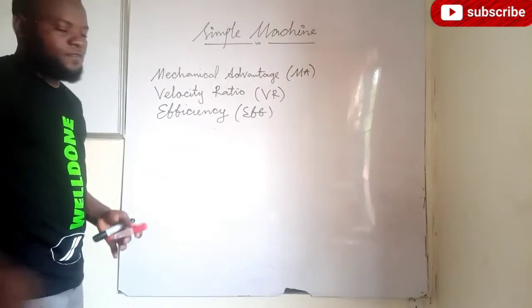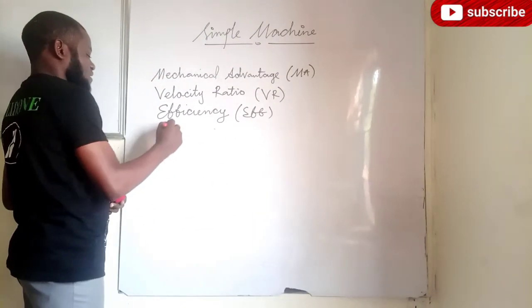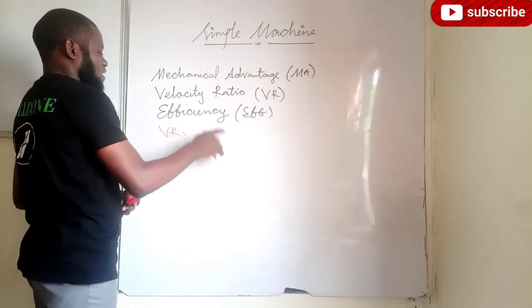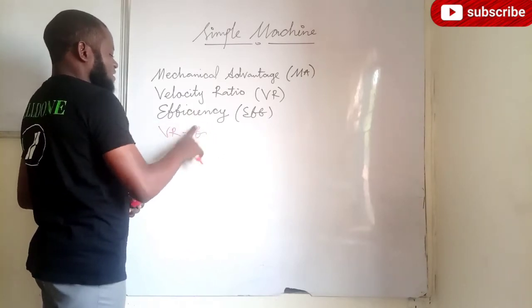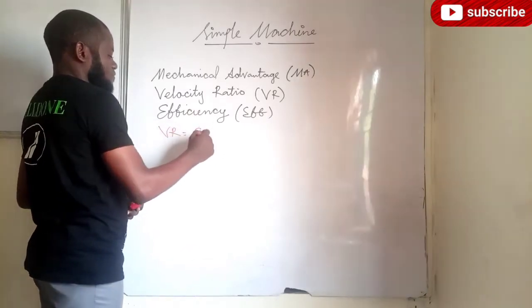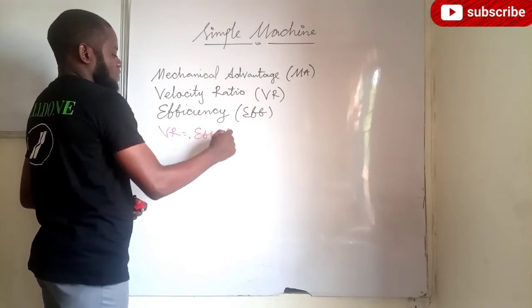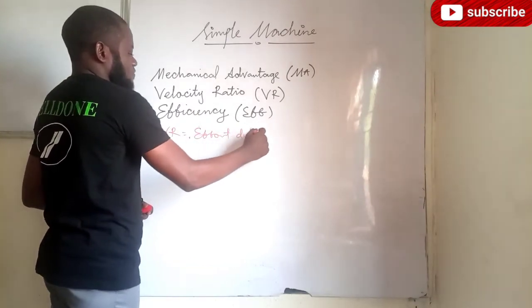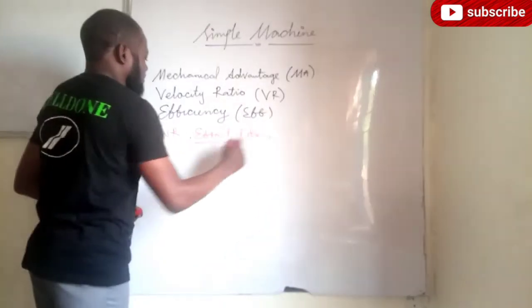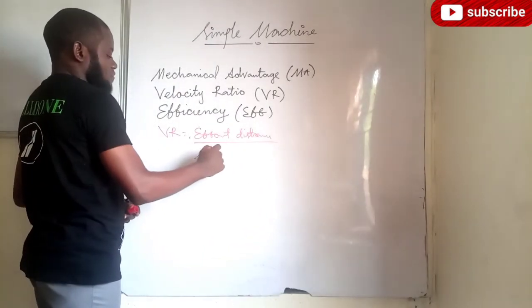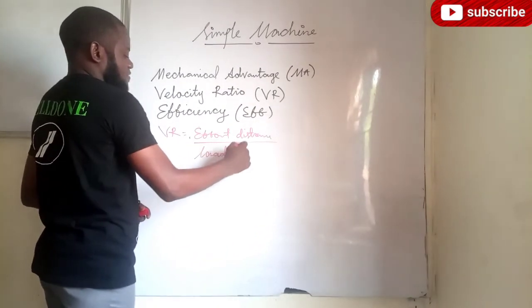The next thing to look into is the velocity ratio. Velocity ratio is the effort distance divided by the load distance.